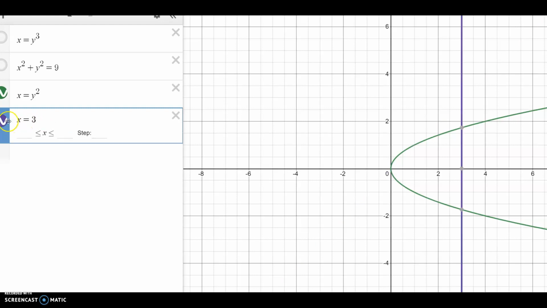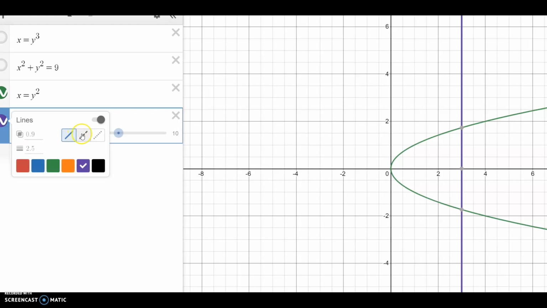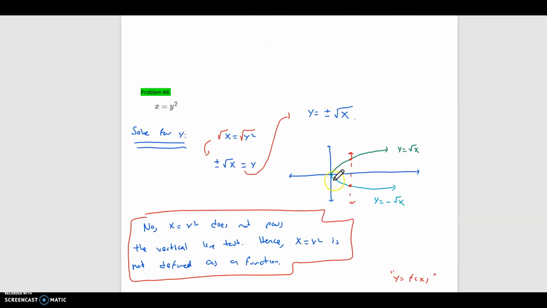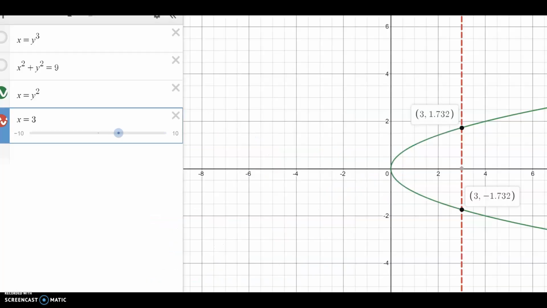Actually, I put 3 by accident. And then you can see that it's not going to pass. So here you can see the 2 coordinate points where it fails. We only need 1 for it to fail, and it's not defined as a function. That's the sketch that I attempted to do here. In any case, x is equal to y squared is not defined as a function because you're going to have a single x giving you multiple y values.